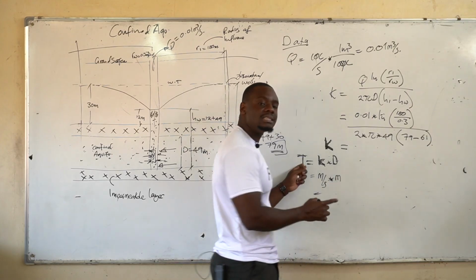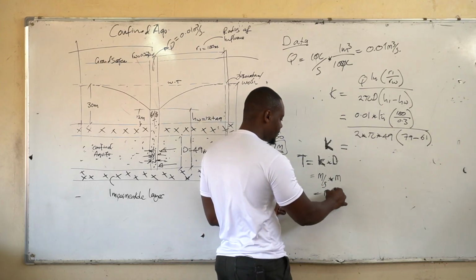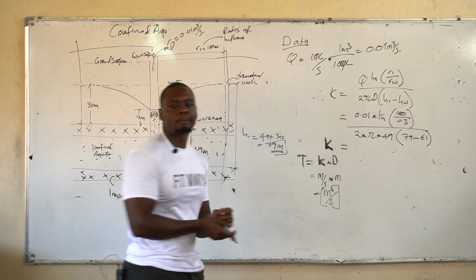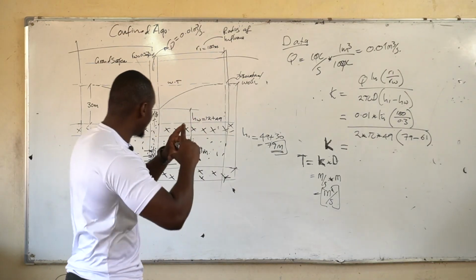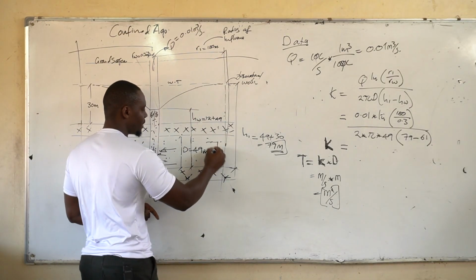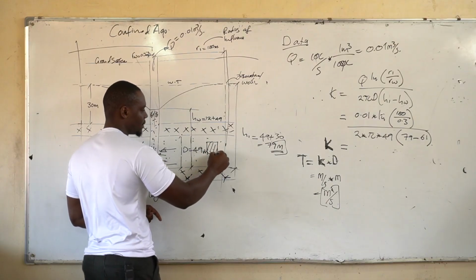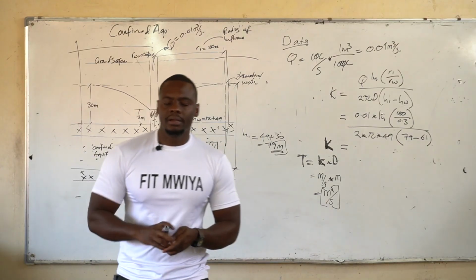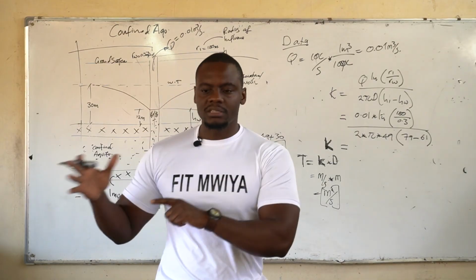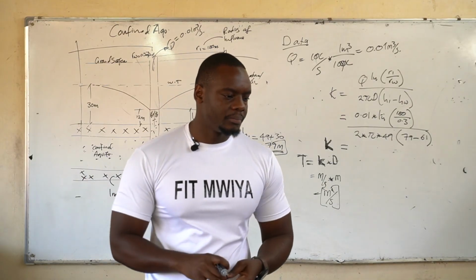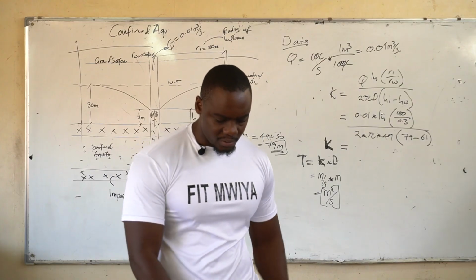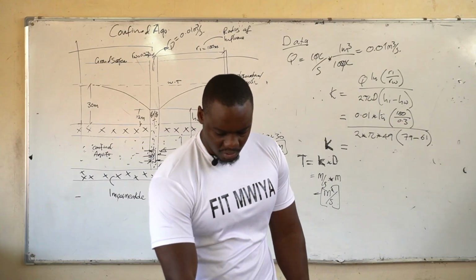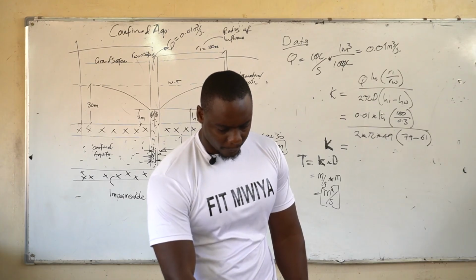So your transmissivity by units should be an area over time, the area that is moved per second. So that's that value, and probably I don't even need to solve this because we already have the values.